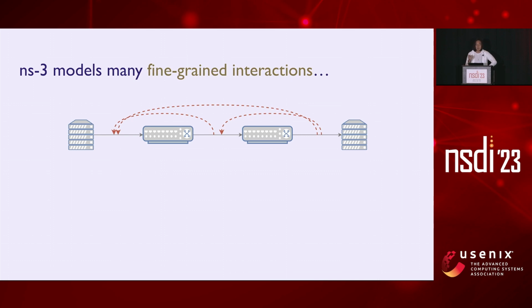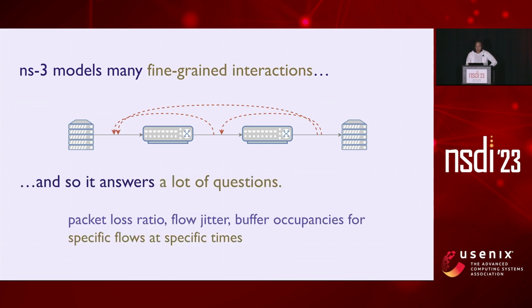And NS3 captures these details beautifully, but here's the deal. Because of the high fidelity, it can answer a lot of questions, even at the level of individual flows. You want to know how a particular flow is going to respond at a particular time to a particular situation. NS3 can answer that. That's a wonderful thing. But in exchange, you got to wait a long time.